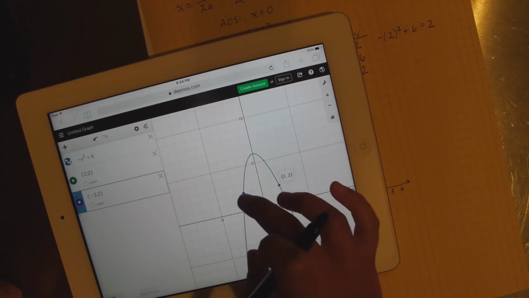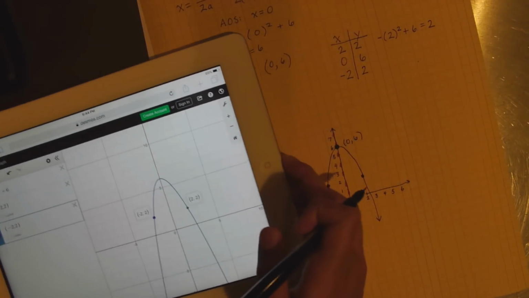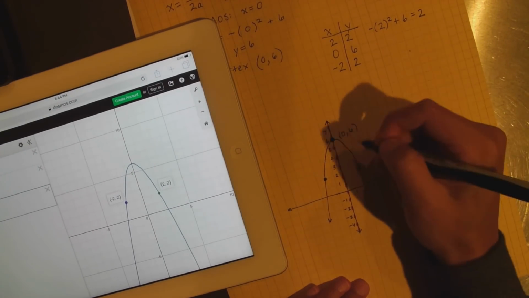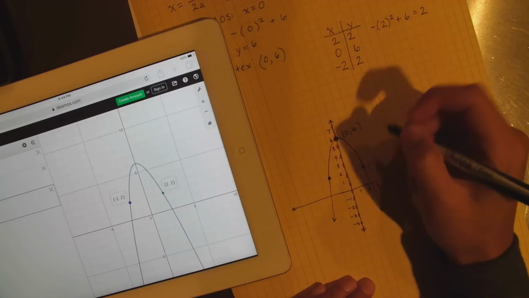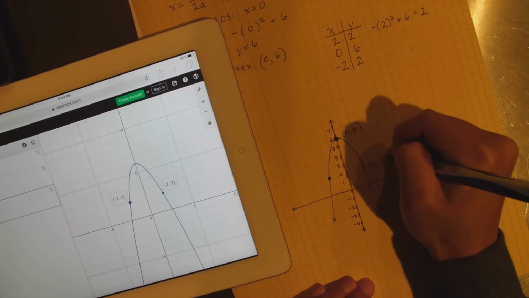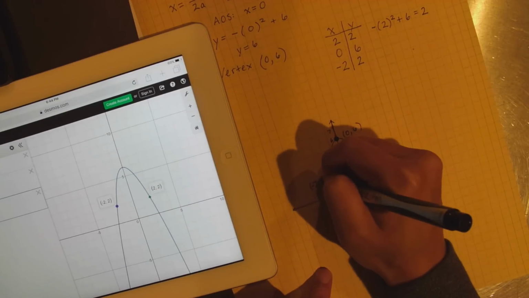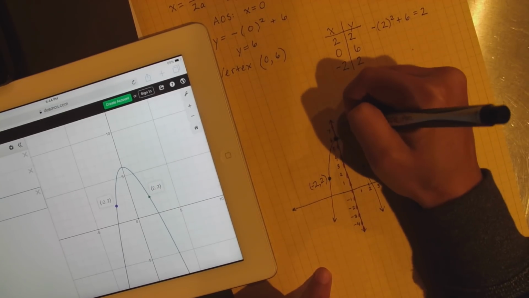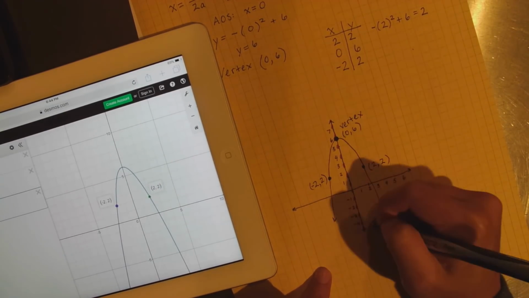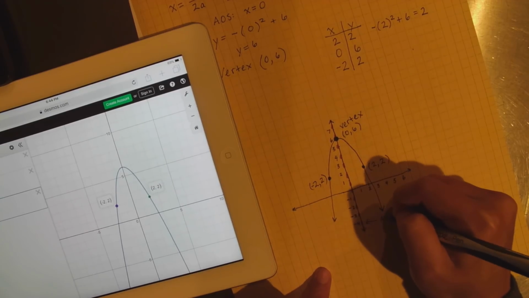Both of our points show up on the graph, so that confirms what we have here. So just labeling the graph, we have 2, 2, and then negative 2, 2. This is our vertex, and this is our AOS of x equals 0.